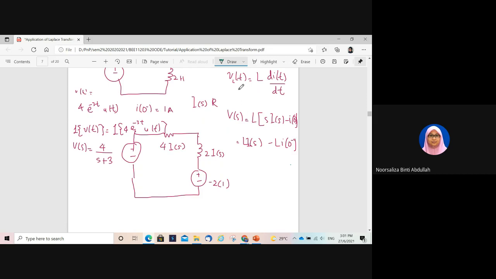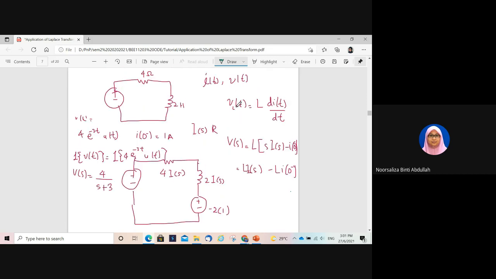So for inductor, if you want to find the voltage for inductor, you have to differentiate the current. So VLT is equal to L dit over dt. And then you Laplace the whole equation here. You will get Vs equals to L. If you Laplace I, sometimes we call it I prime t, if you differentiate this one, you will get SIS minus I0.